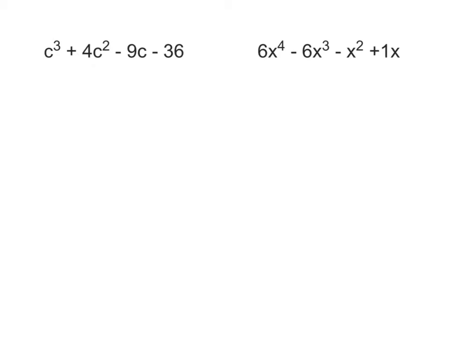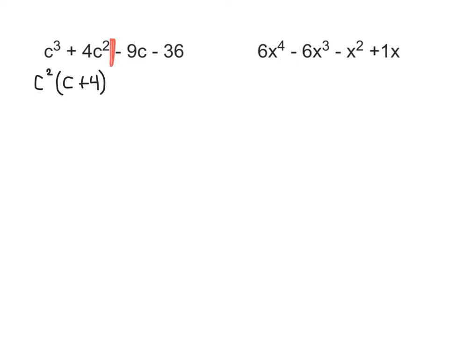All right, so the first one, if we look at this, we do not have a common GCF factor here in the coefficients, nor do we have a c in all three. So we can just put our vertical line down and begin our factoring on each side. On the left-hand side, we can factor c squared out of that, and we're going to be left with c plus 4.